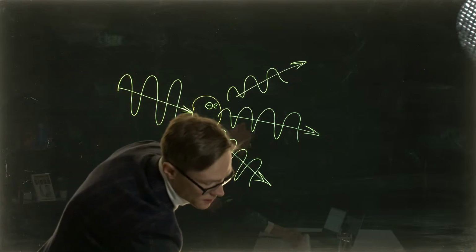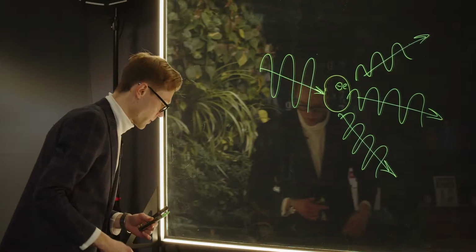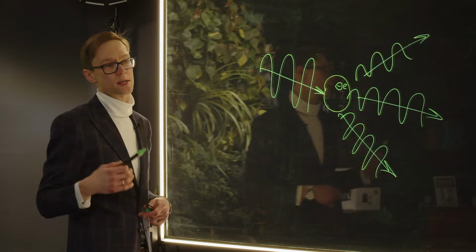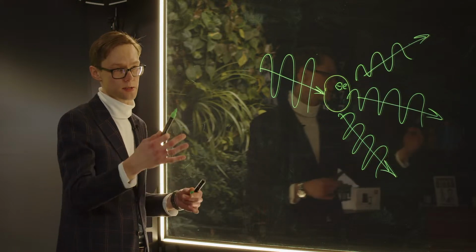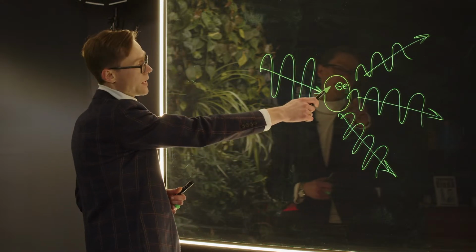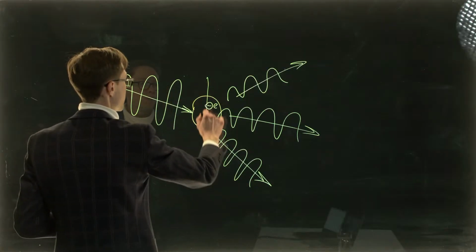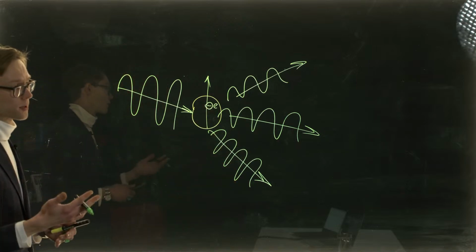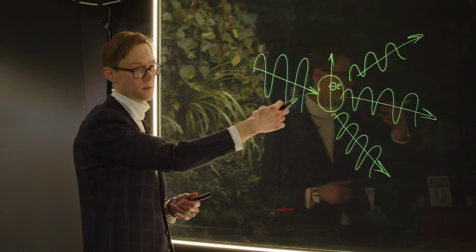This can be called the secondary wave. So the original light wave excites the electrons inside the particles or inside the material. And excited electrons, while moving, create their own electromagnetic wave, which propagates further.